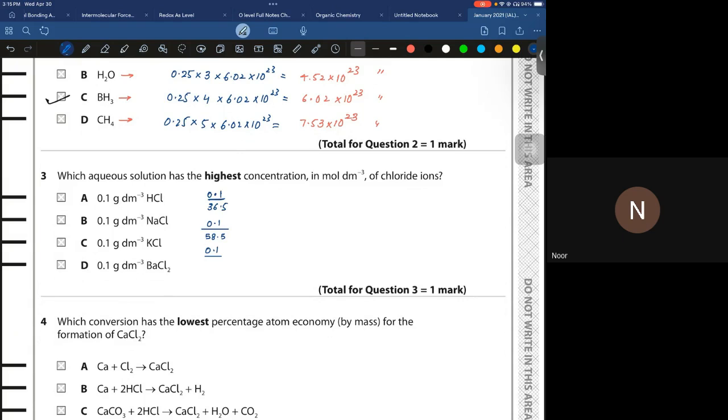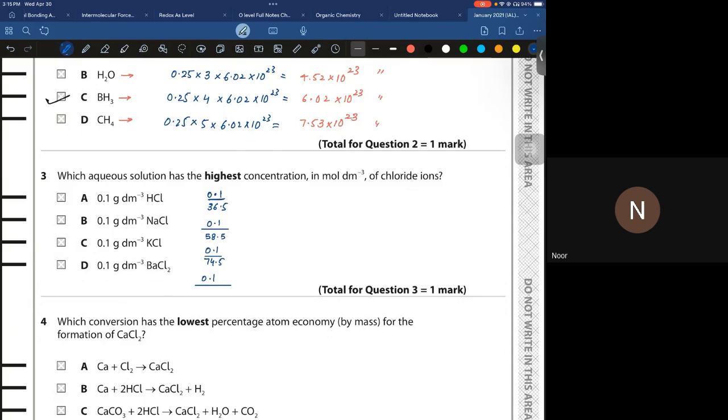I don't know the mass of KCl. K is 39, and chlorine is 35.5. So what's the molecular mass for KCl? 74.5. And then for D, 0.1 over the molecular mass of barium chloride.